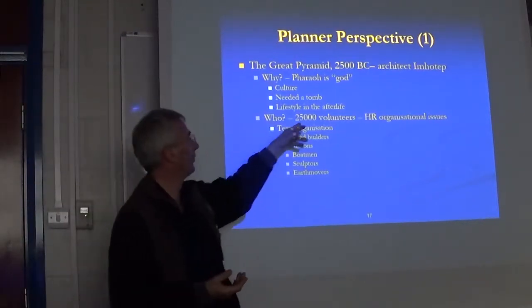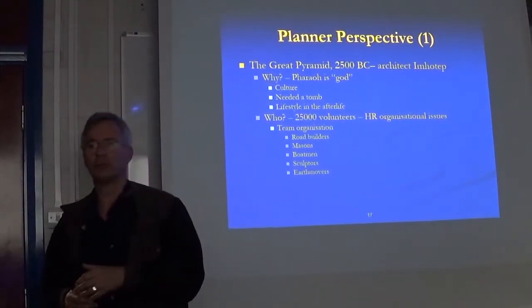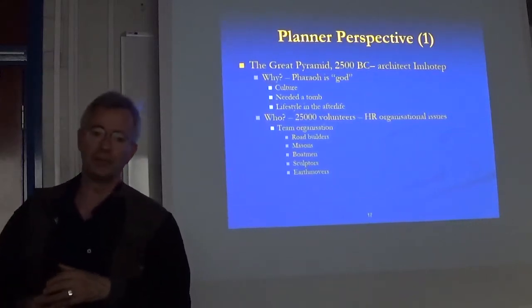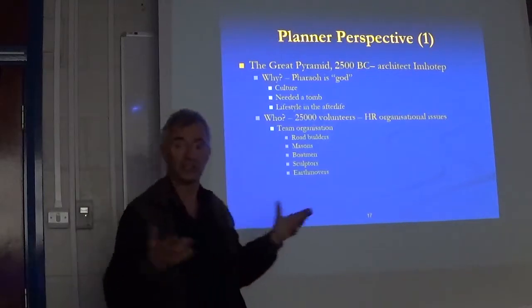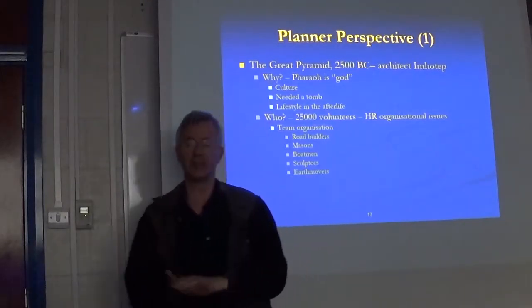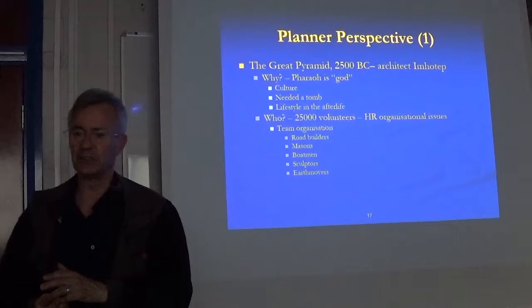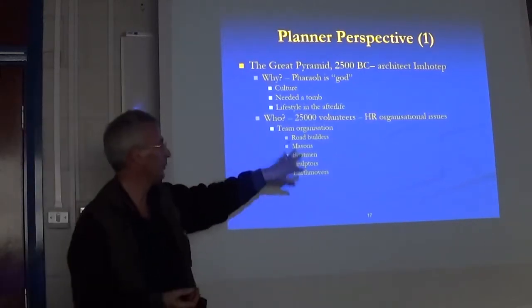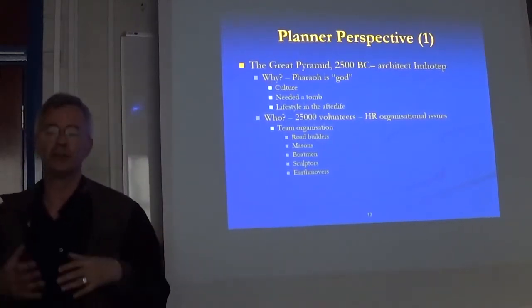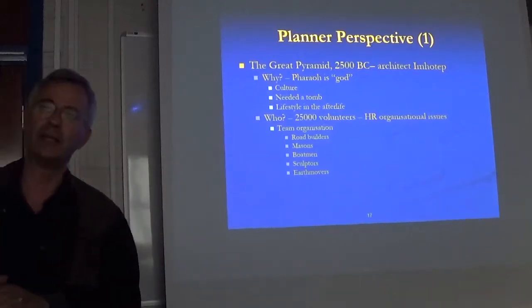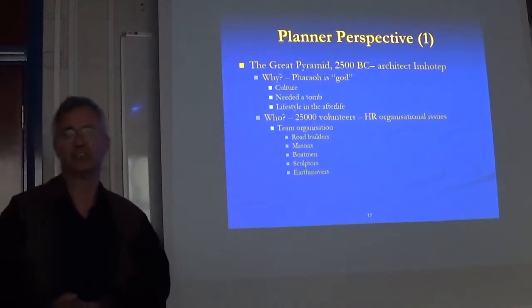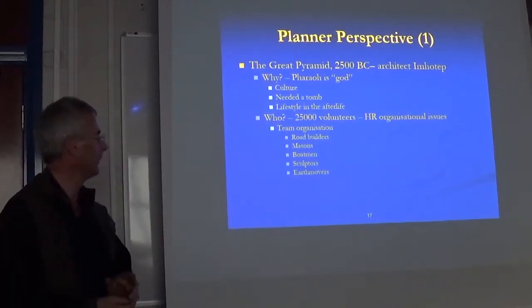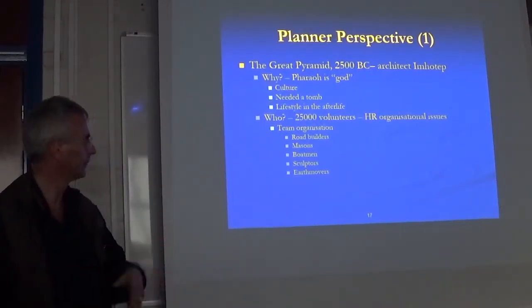It helps us to understand that 25,000 volunteers were involved in any particular pyramid, which leads to, in today's terminology, stunning human resource management issues, because you've got all sorts of people that you've got to feed, you've got to get them there at the beginning of the building season each year, and then get them home at the end of the building season so they could go and do their farming over the growing period.